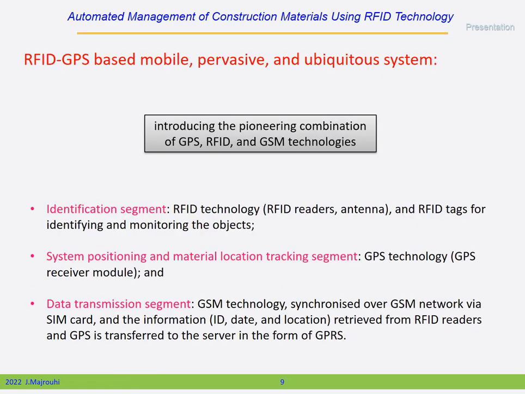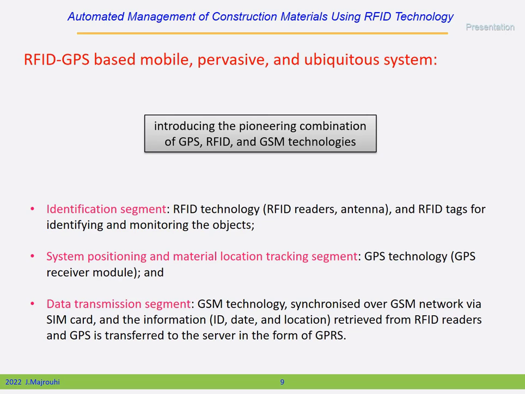Let's review RFID GPS-based mobile, pervasive, and ubiquitous system by introducing the pioneering combination of GPS, RFID, and GSM technologies. Identification segment is RFID technology including RFID readers, an antenna, and RFID tags for identifying and monitoring the objects.